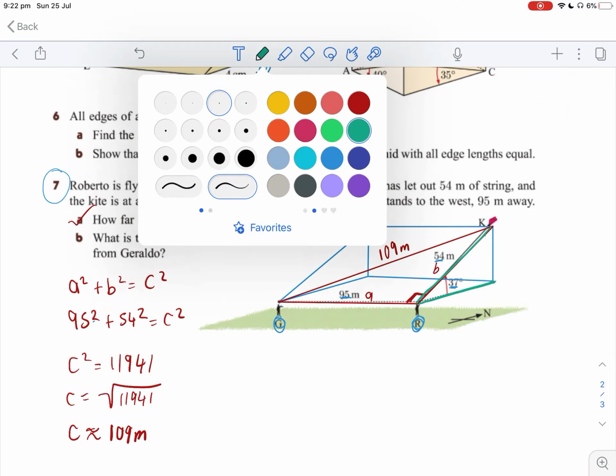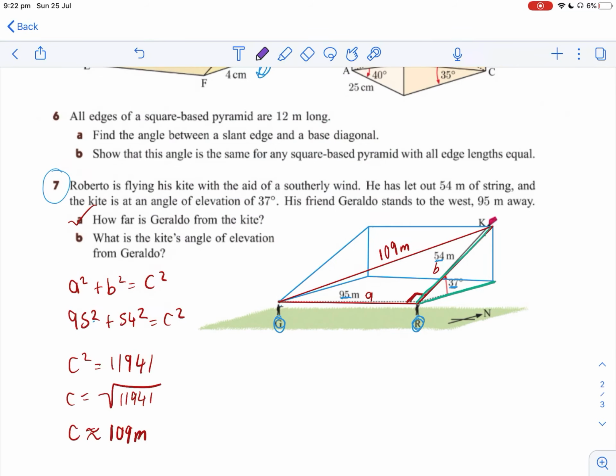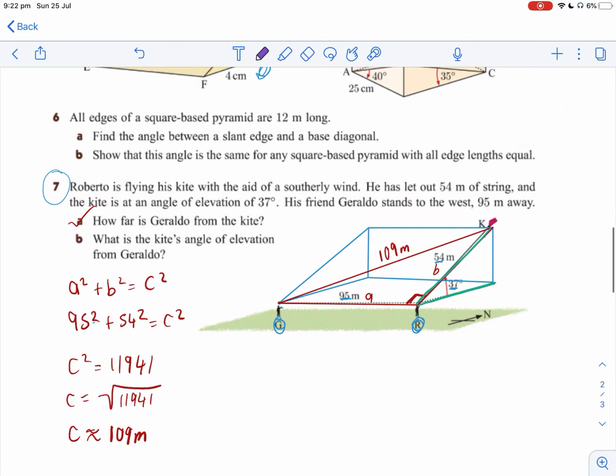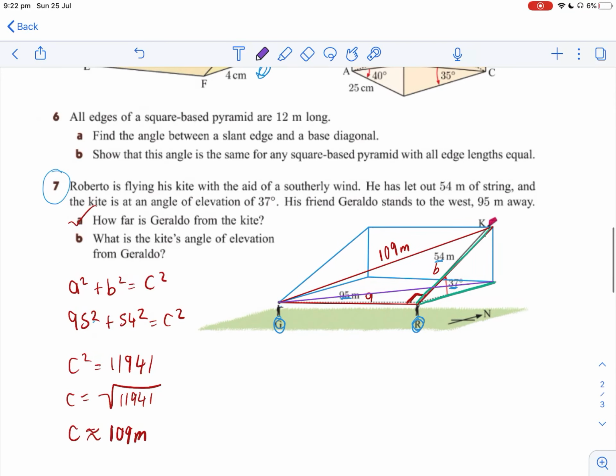If I follow that same pattern with Geraldo, it's going along the floor, which is this length here, and following up to his line of vision there. So it's actually this angle here that we're looking for. I'm going to label it as theta.